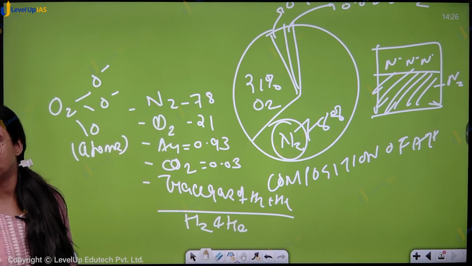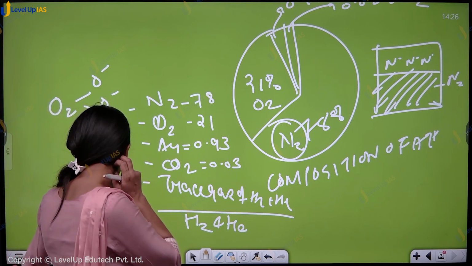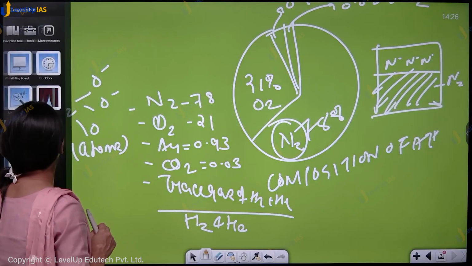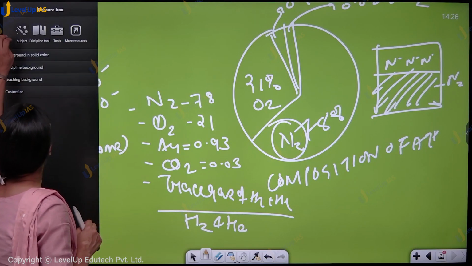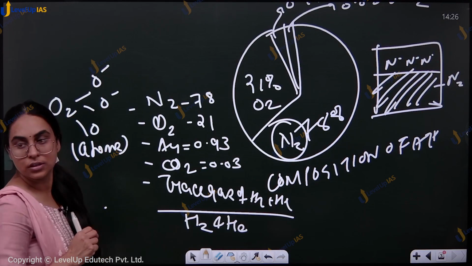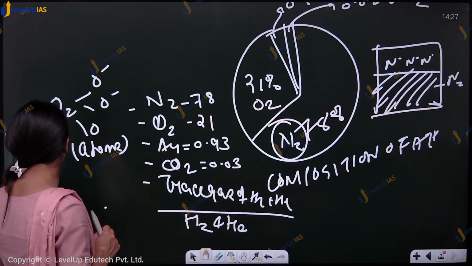Is it fine? Karthike, is it fine? Priya? Okay, changing the background. Is this fine? Or you want some other color? Lucky, okay?